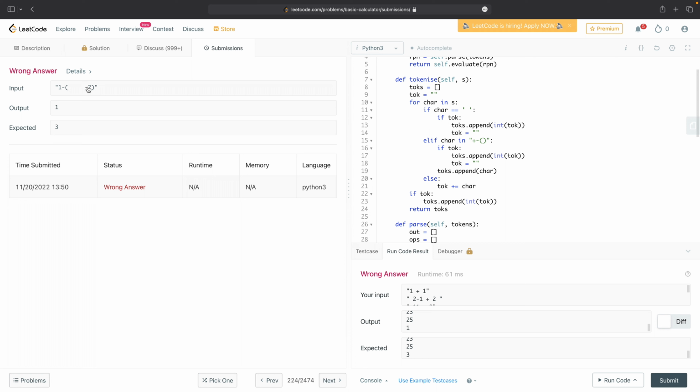So a negation can only occur at either the beginning of the string or immediately after a parenthesis.